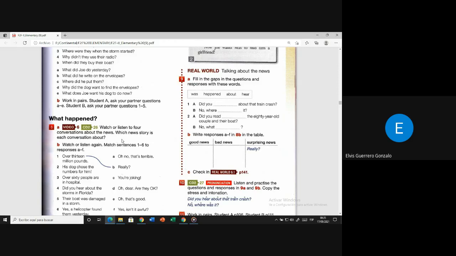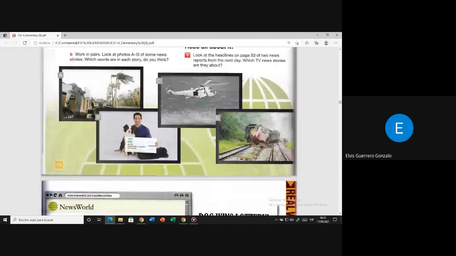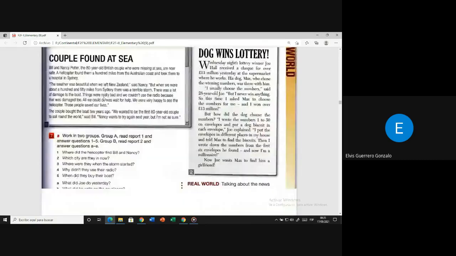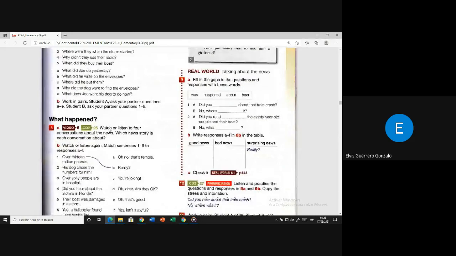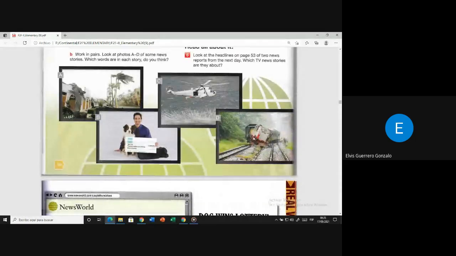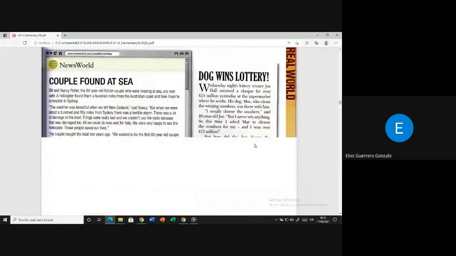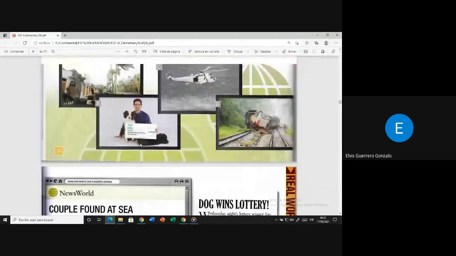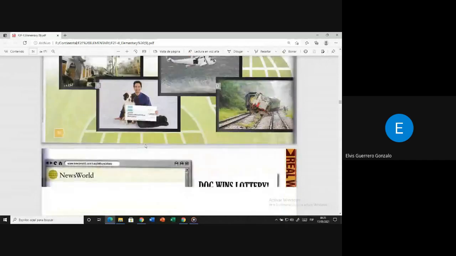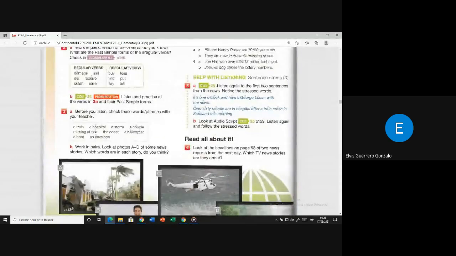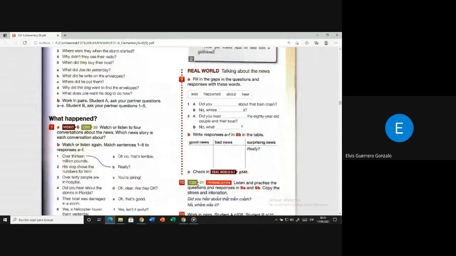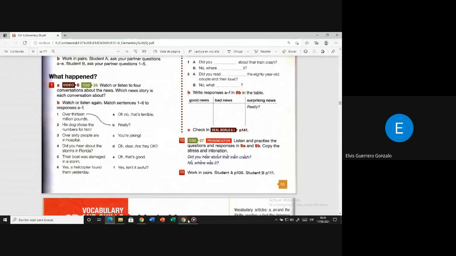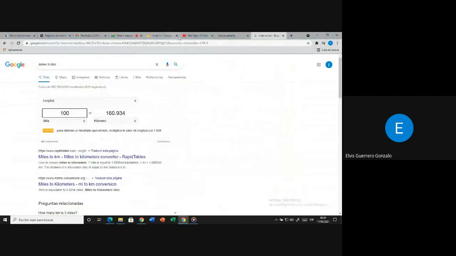For example, conversation 1 is about the storm in Florida. Conversation 2 is about the train crash in Edinburgh. Conversation 3 is about a man who won the lottery. And conversation 4 is about the couple missing at sea. You have to identify the conversations with the correct story. Give me a moment, please.